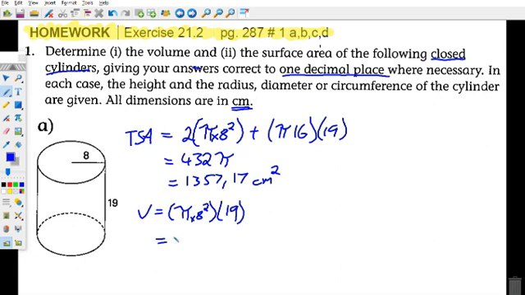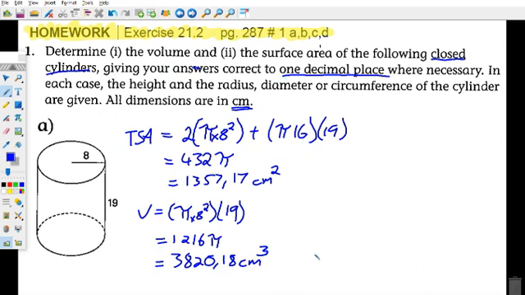And you're going to get 1216 pi, which is equal to 3820.18 centimeters cubed. Okay, and there's a volume and surface area giving everything, and that's that.